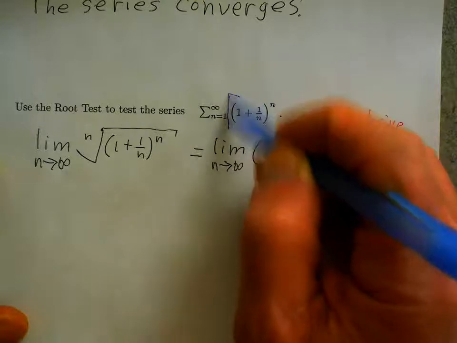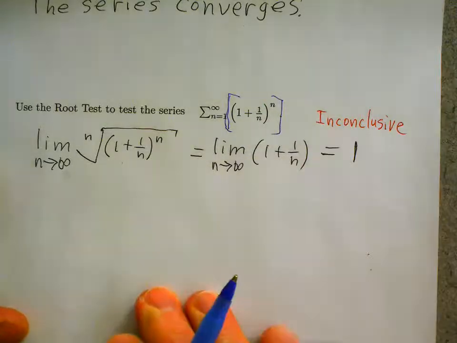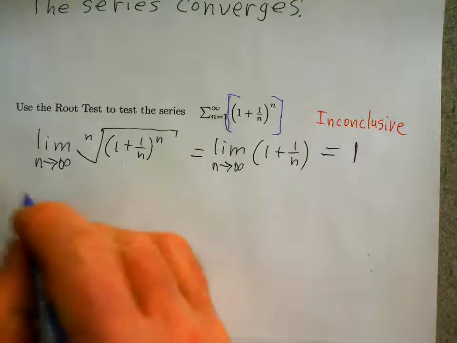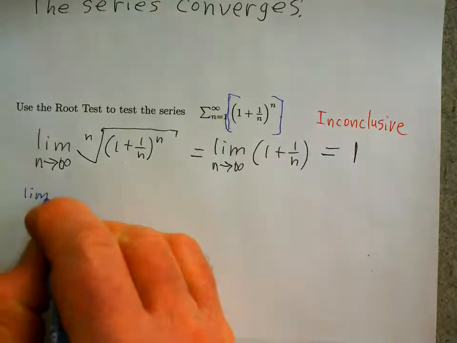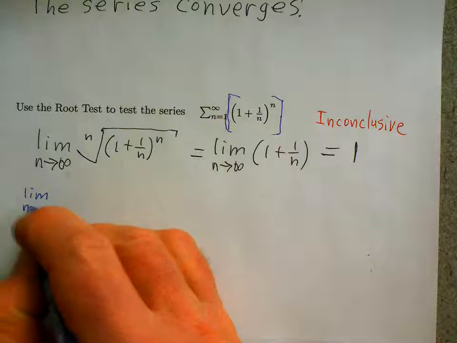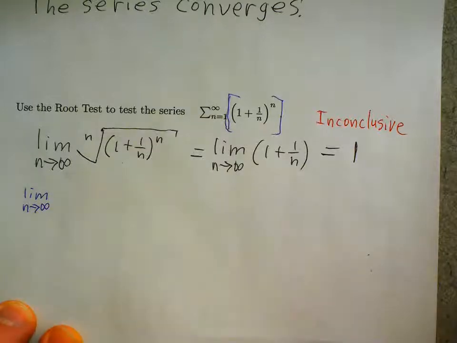Well, let's take the limit of those terms from the series. If it turns out that the limit does not equal 0 or does not exist, then the test for divergence will tell us that the series diverges.